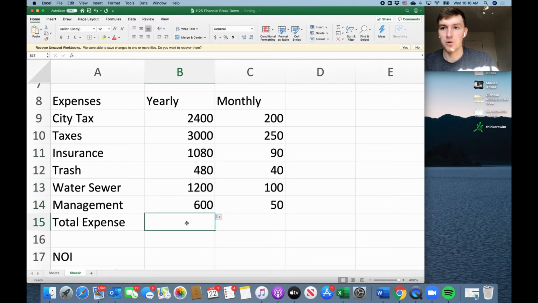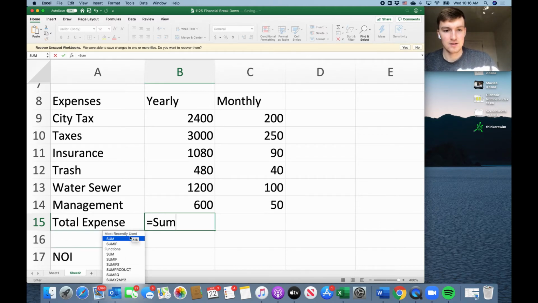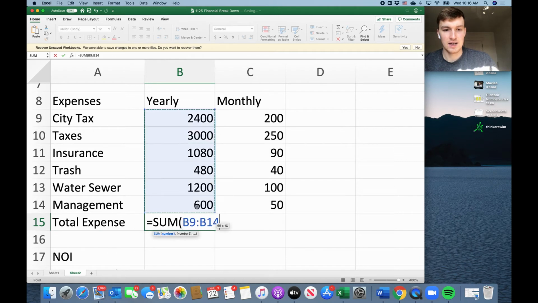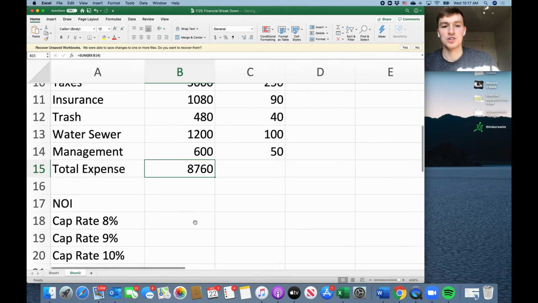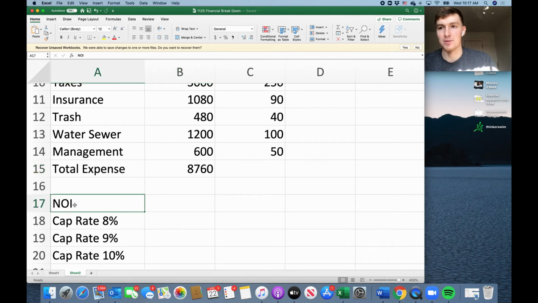We are also going to then take the total expenses on the property, and we're going to add them all. So we're going to do sum of these right here. So your total yearly expenses on this property is $8,760, okay? So we're going to figure out what your net operating income is, the NOI on the property, okay?